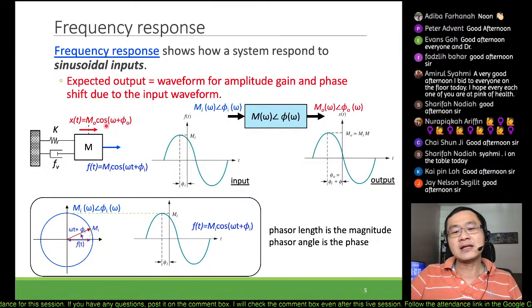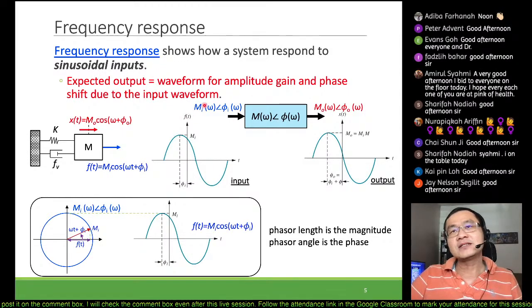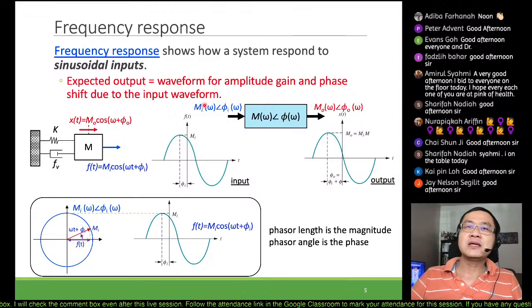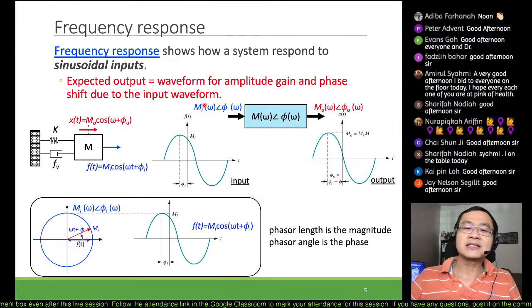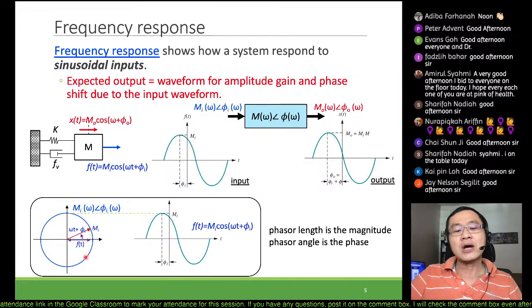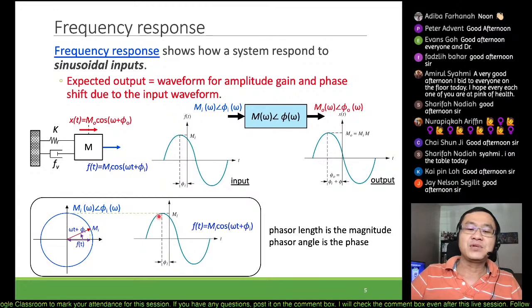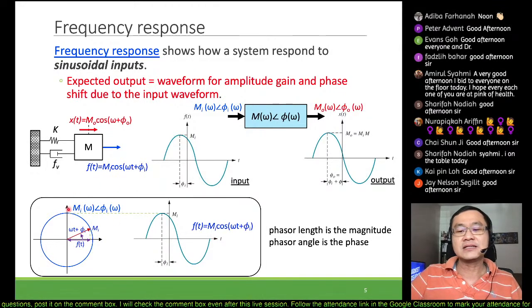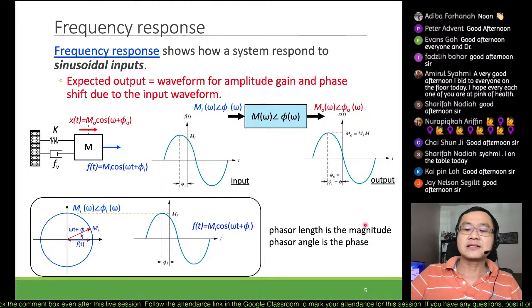Why we would want to write it in phasor form is that it may be easier to understand because it is in the form of a cycle, so it keeps rotating. With phasor notation, we have a phasor length as the magnitude, and the phasor angle we call the phase.